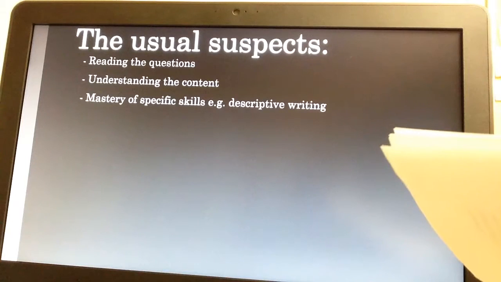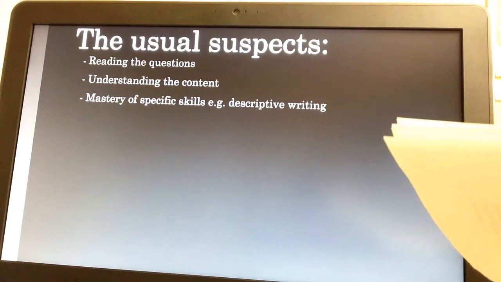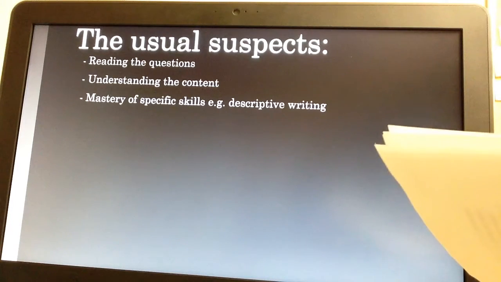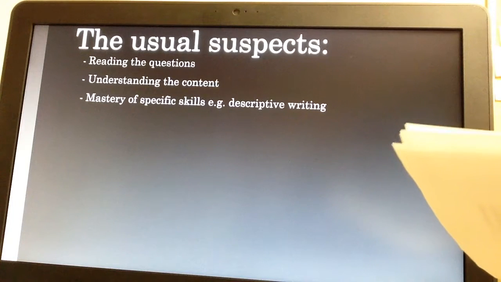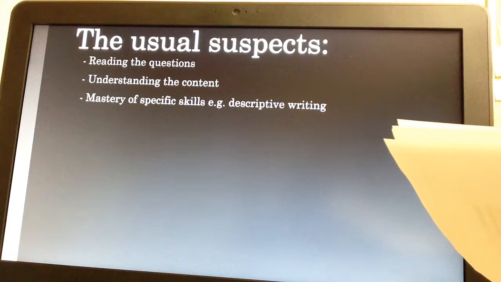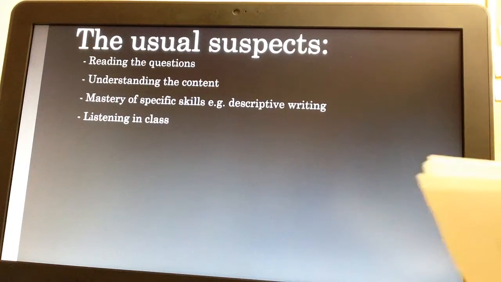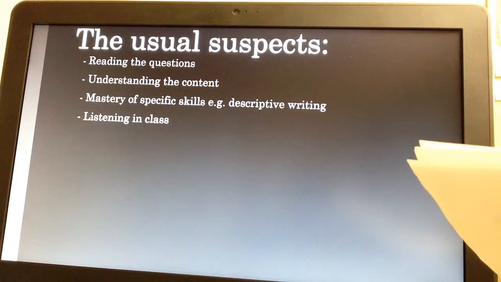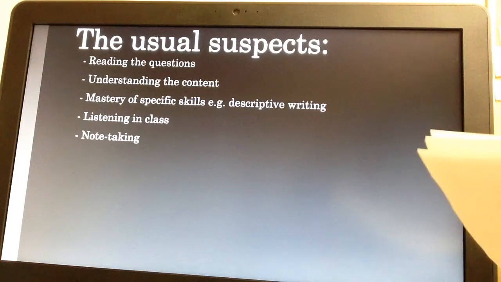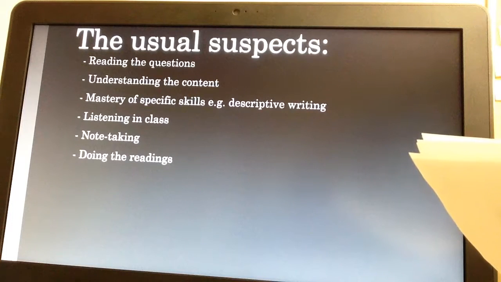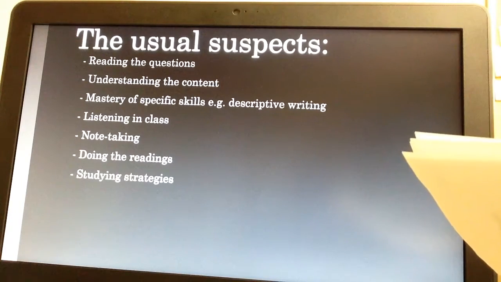Maybe mastery of a specific skill is what your downfall was on a specific question or test. And an example from our observing course of a specific skill could be descriptive writing. Maybe we need to go a little bit further back, and maybe it's listening in class that was the problem, or the notes that you've been taking, doing the readings, or maybe the way you've been doing the readings.